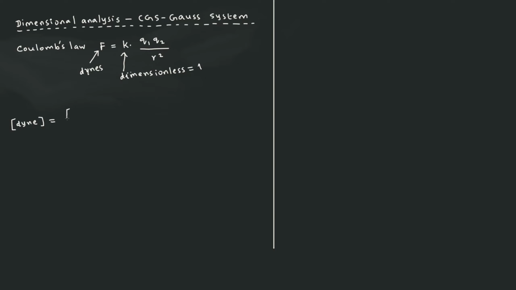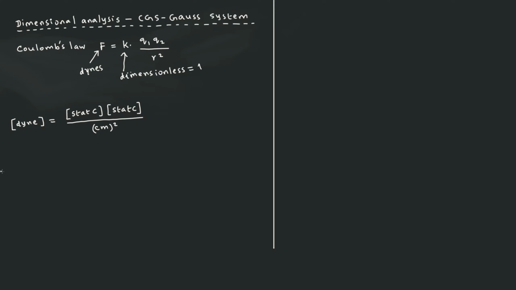And the coulomb, in the case of Q1, Q2, we know that we don't use the coulomb, but we will use the stat coulomb. So you write stat coulomb multiplied by another stat coulomb, which means each one of them is 1, and divided by centimeter square.